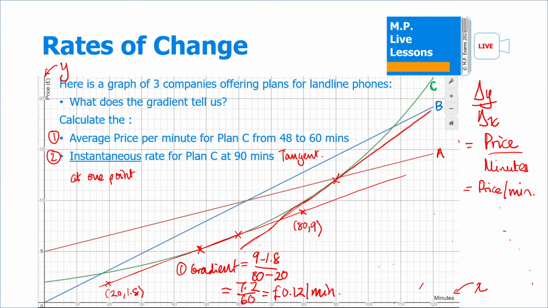I'll basically do the same. For example, up here, that is going to be 110, 16.5.